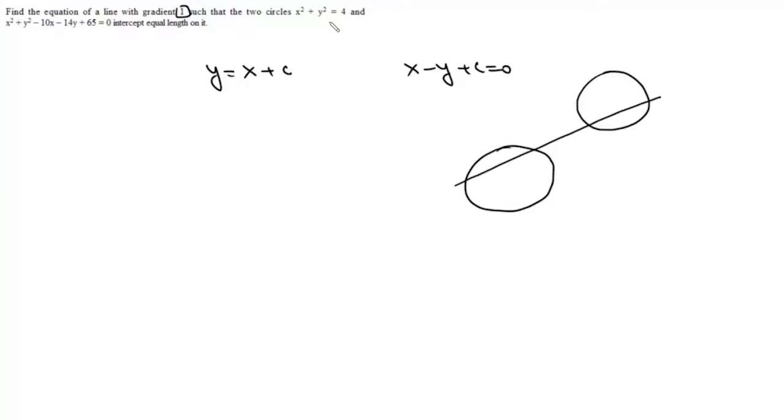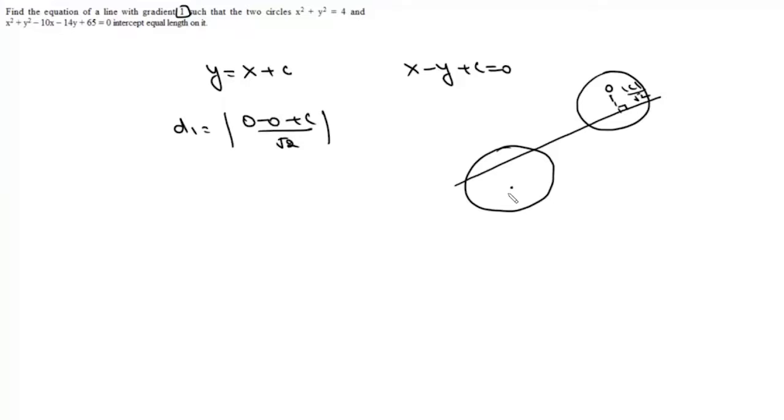Now first one is this circle whose center is at origin. So this is say t1, and it will be 0 minus 0 plus c upon root 2. So from the origin, this distance is mod of c by root 2.